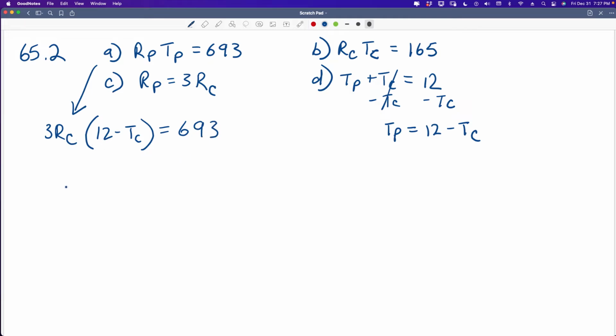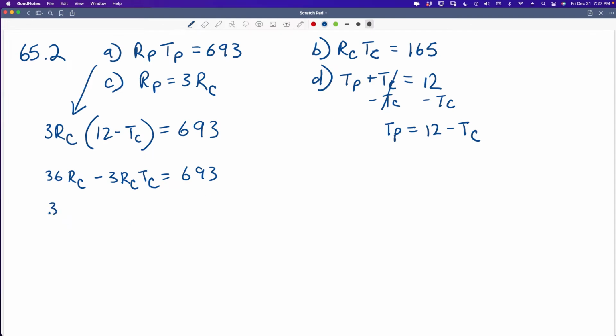Now I'm going to distribute, so 36 times RC, that's 3 times 12 is 36, minus 3 times RC times TC equals 693. Well, RC times TC is given to us. It's 165.